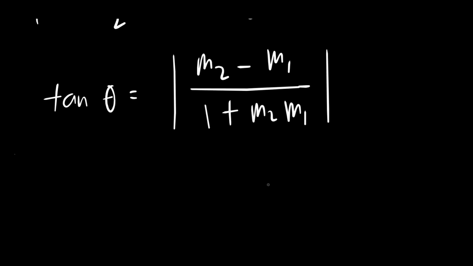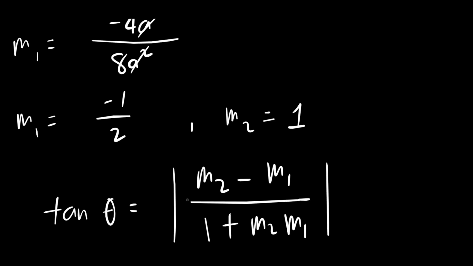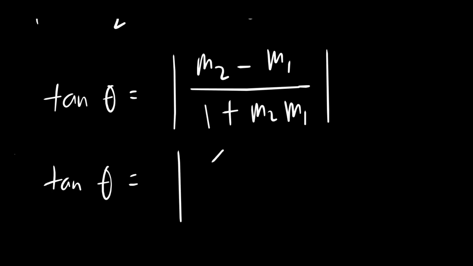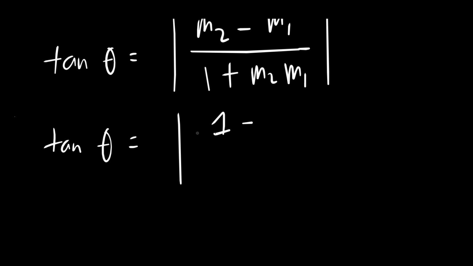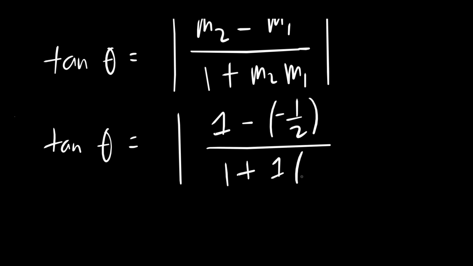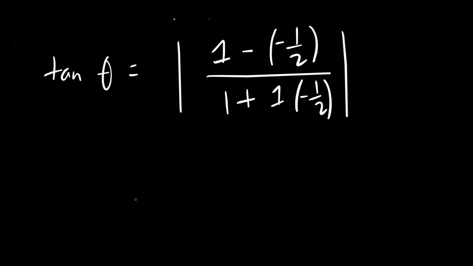So we have tan theta equals, what is the value of M2? 1, right? 1 minus M1, which is negative 1 half, all over 1 plus 1 multiplied by negative 1 half, absolute value.